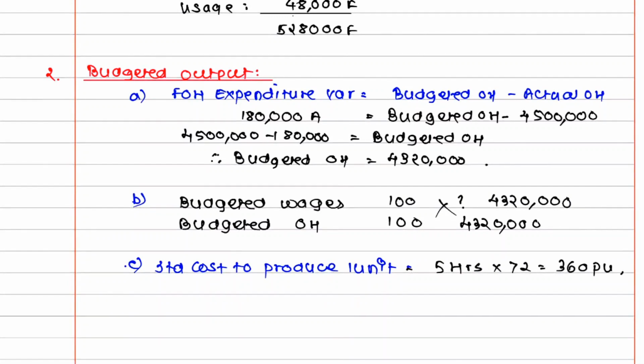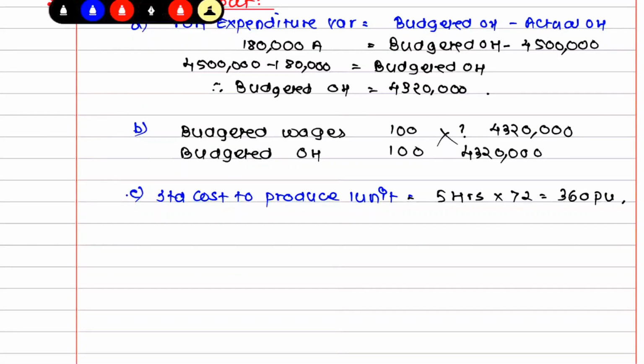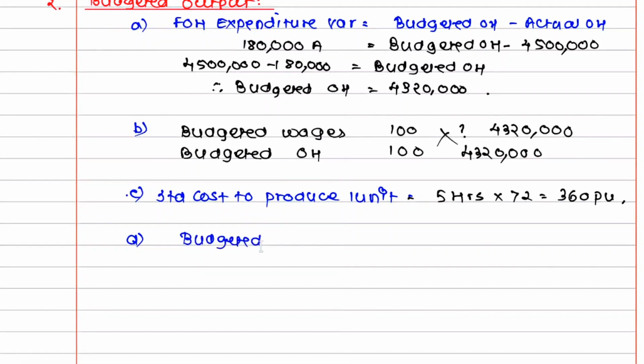Right? Now one more thing I can say, how will you get the budgeted cost? So do you understand, budgeted units into budgeted cost per unit is equal to budgeted total cost, budgeted labor cost total wala.